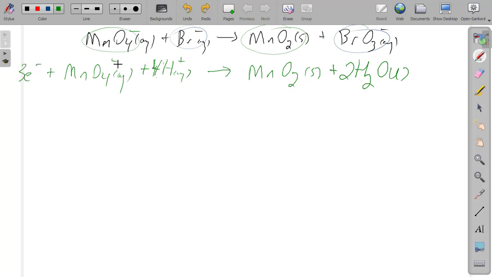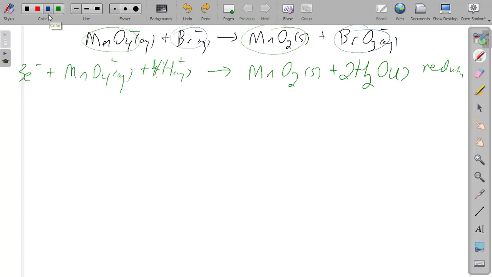So 4 minuses and 4 pluses makes 0, and this is 0. Now this half reaction is balanced. And we added electrons as a reactant, so which half equation is this? Yes, it is the reduction half equation because electrons are reactants.